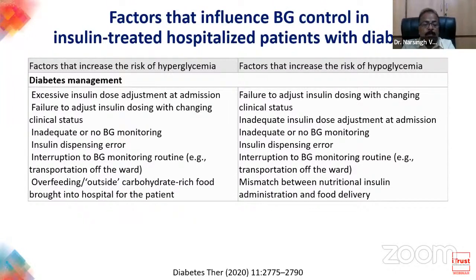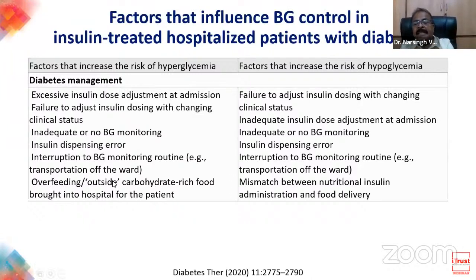Also interruption to the blood glucose monitoring routine, transportation to the ward, and overfeeding, with outside carbohydrate-rich food brought into the hospital for the patient. Sometimes the insulin is not working because of poor quality, or improper handling has destroyed the insulin. That should also be kept in mind.